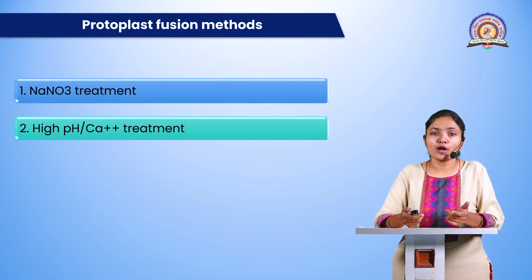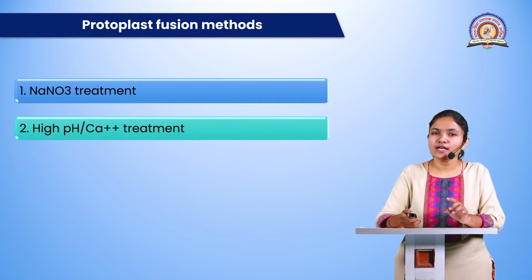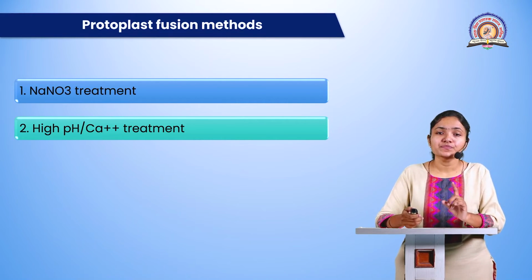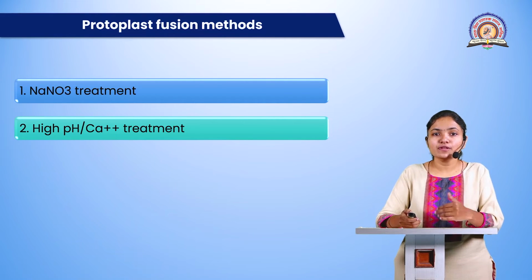Second most prominently used method is the high pH and calcium treatment. So we all know that the protoplast will have a cell membrane. Now there will be a specific charge present on the cell membrane. This charge will be neutralized by the calcium which we are supplying in a calcium chloride solution.